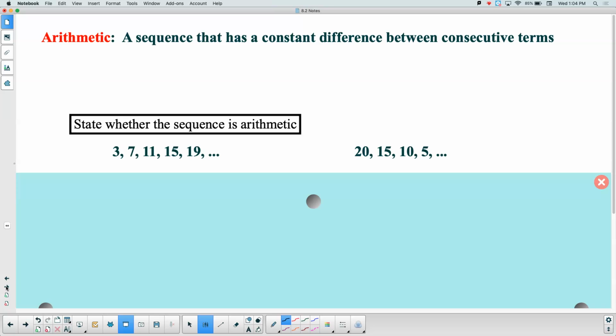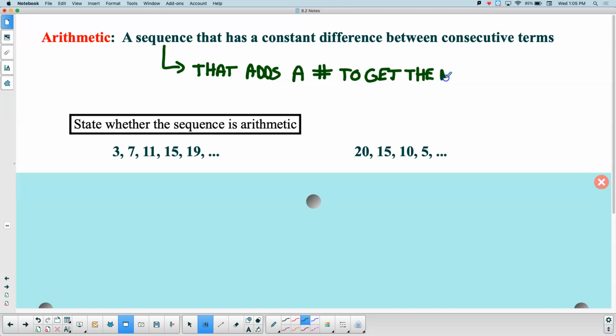Okay? The word arithmetic, when dealing with sequences and series, is a sequence that has a constant difference between consecutive terms. Another way of saying it is it's a sequence that adds a specific number to get the next term.